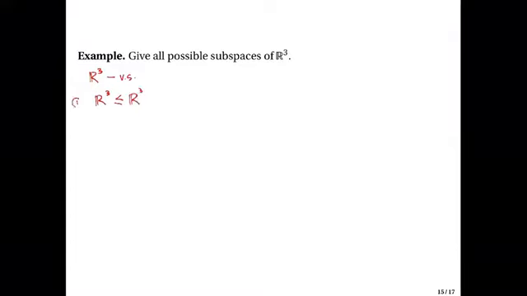Okay, so this is one of the subspaces. Another subspace is the space containing the zero vector only. This is also a subspace of R3. So you have the second subspace. What are the other subspaces of R3?